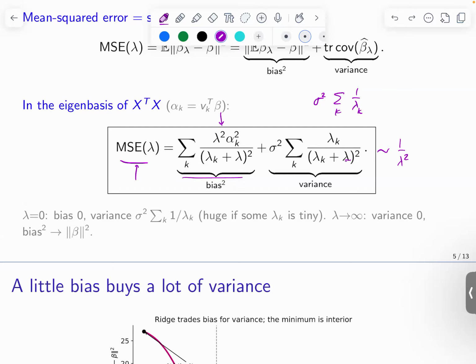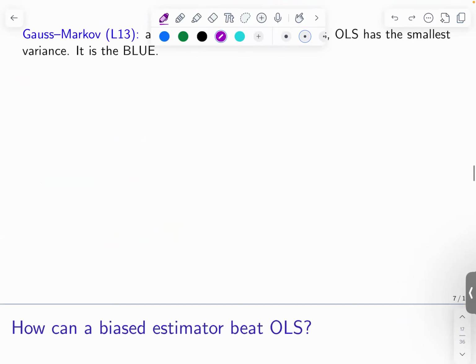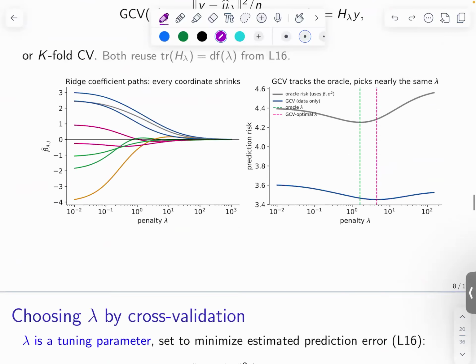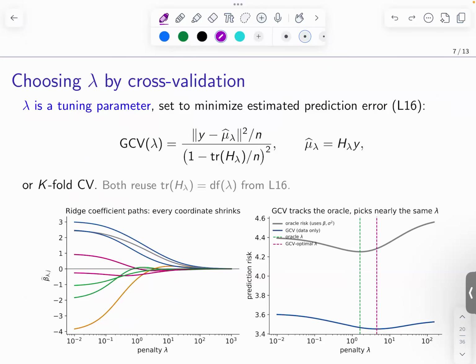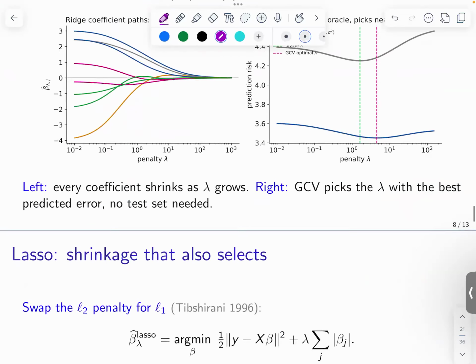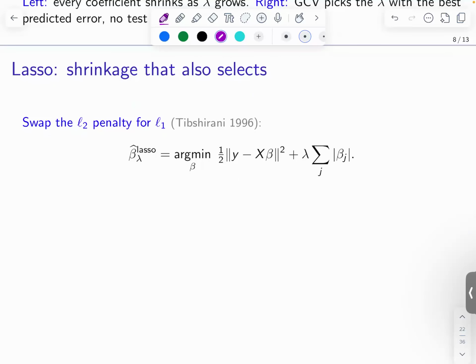In theory, we can plot it, but in practice, you have to approximate it. You can approximate it by cross-validation or use generalized cross-validation, which, because we're out of time, I'm going to come back to and talk about a little bit, and then move on to the lasso. Hopefully you have seen the lasso, but we're going to talk a little bit about it. It replaces this with the L1 norm, and then some properties would change.